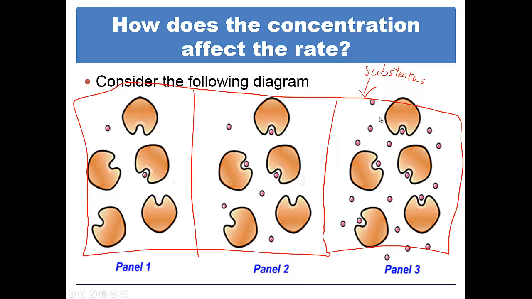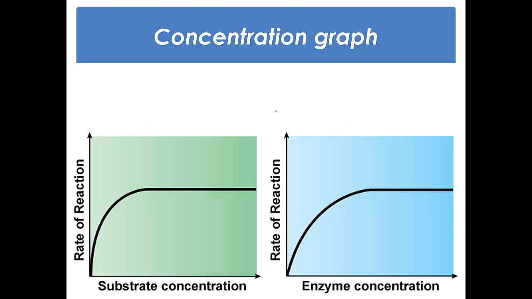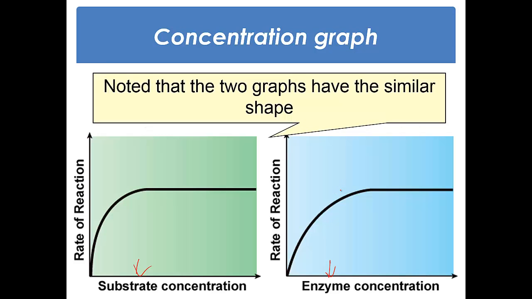So how would they be different when you're talking about the rates then? If you try to draw the graph, they will look like this. Whether it is substrate or enzyme concentration, they will both look like this, similarly. This time I'm not giving you the description and also the explanation in this PowerPoint.